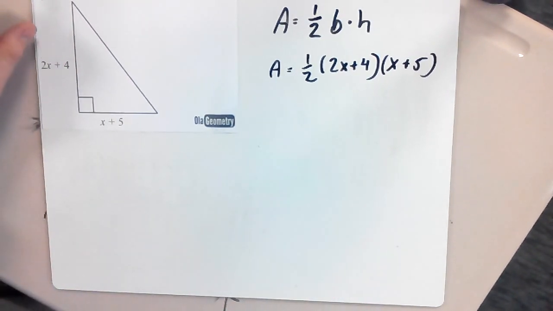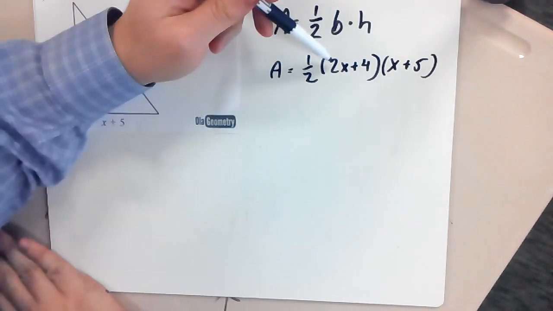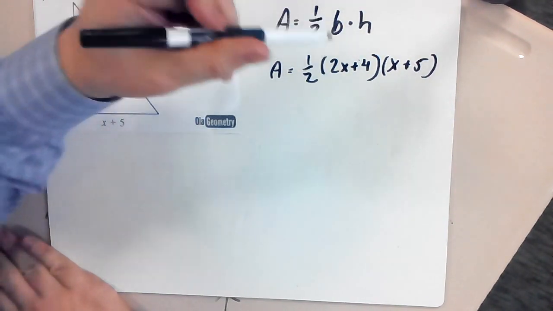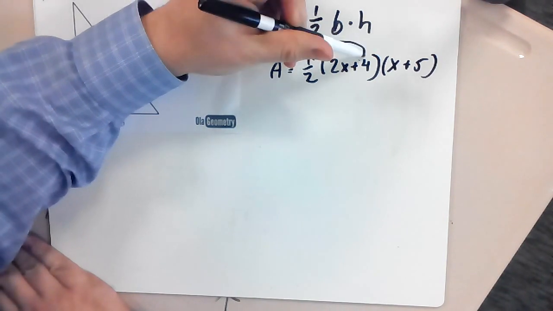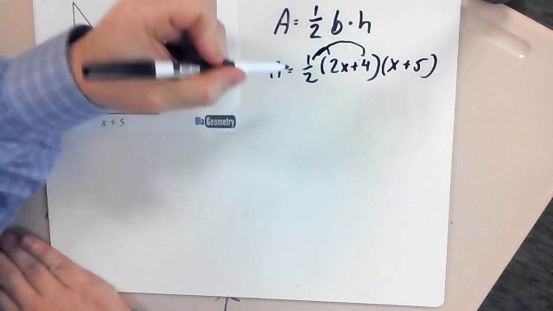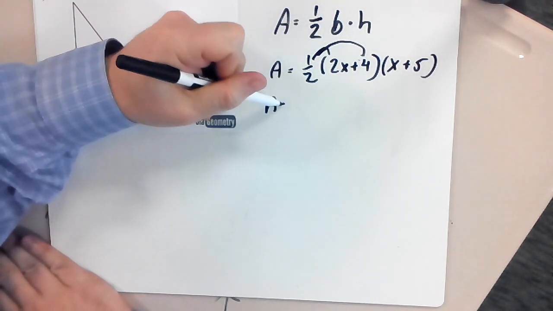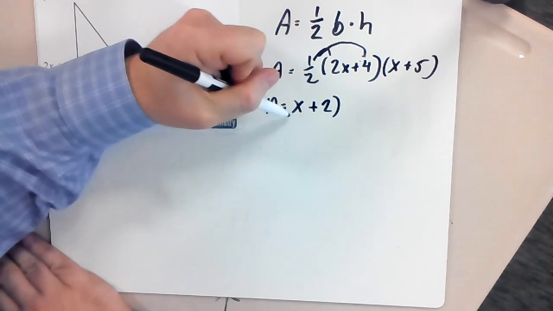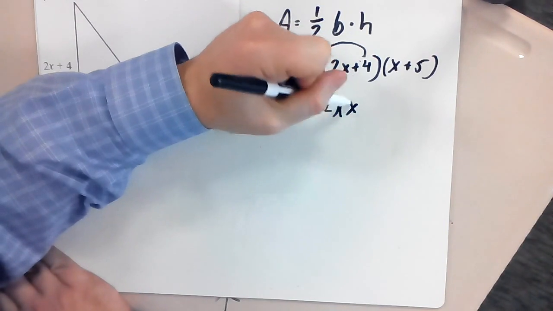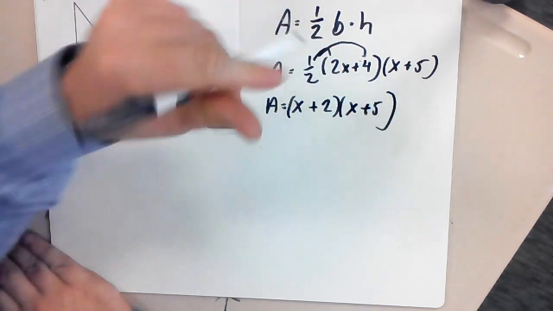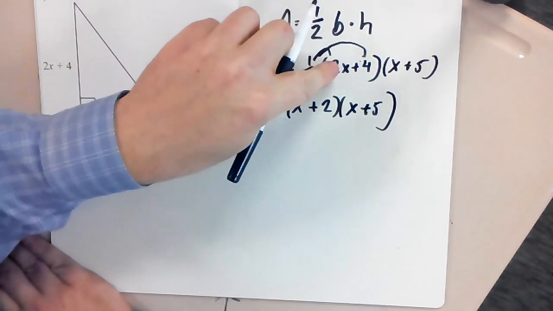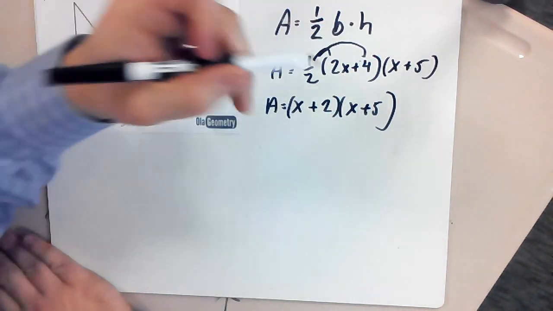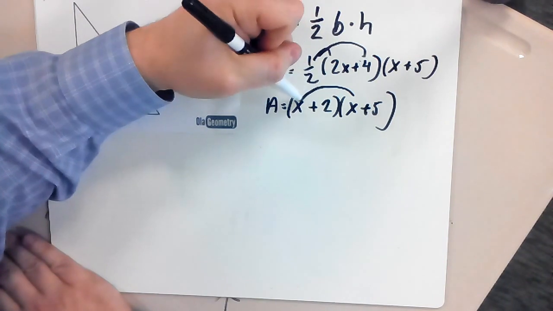Now I'm going to multiply this whole thing by 1/2, so I'm going to distribute this. A equals x plus 2 and x plus 5. So 1/2 times 2 is 1, and 1/2 times 4 is 2. Now I have to distribute again.